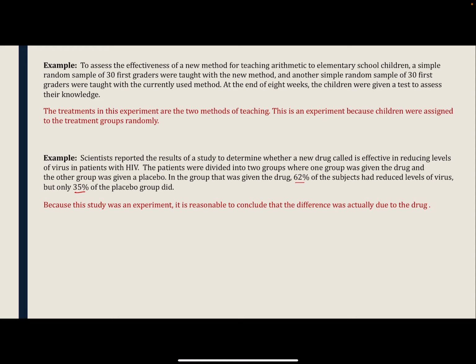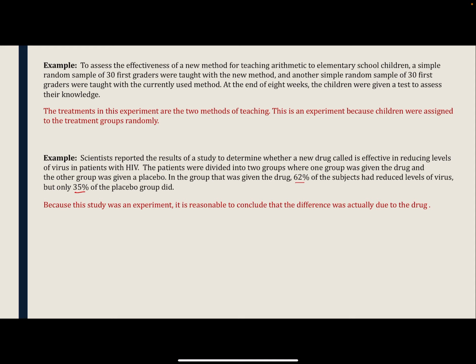I wanted to show this example because we're going to talk more about this when we get into Unit 3, but remember that when we're comparing samples, we have a natural sampling variability. We saw that when we were doing simulations. So if the percentages between the groups are fairly close, it could be due to this natural sampling variability.